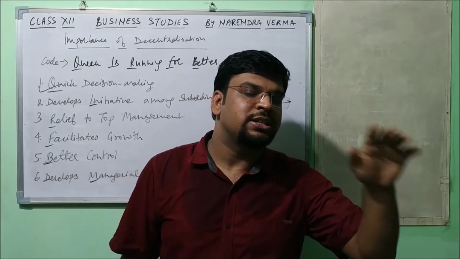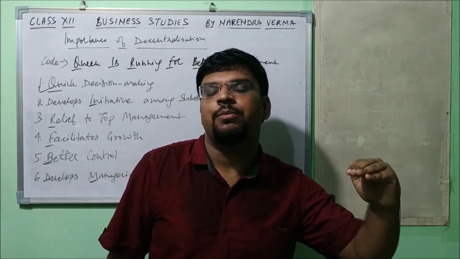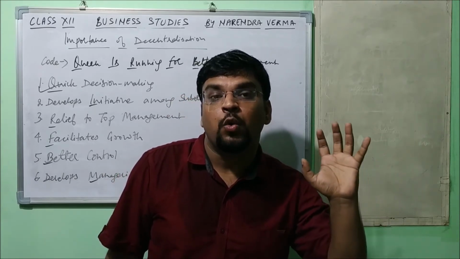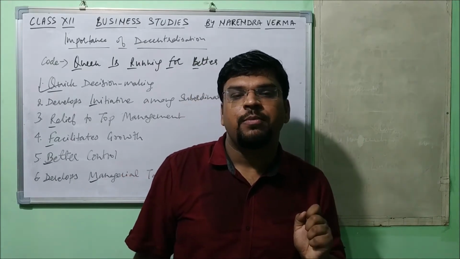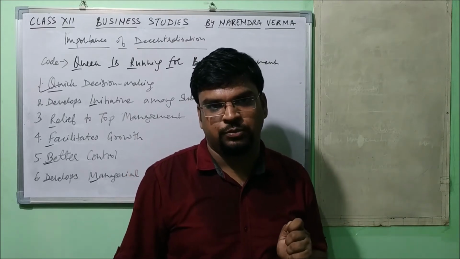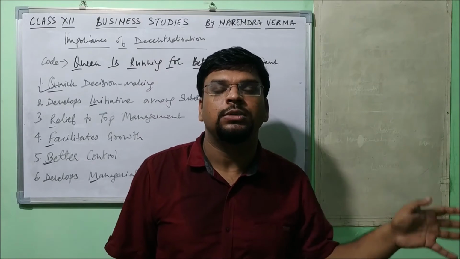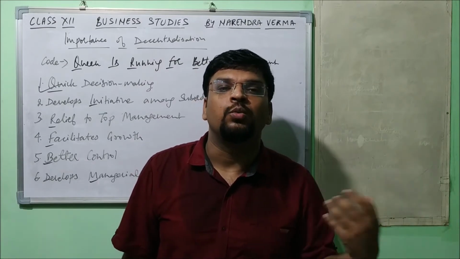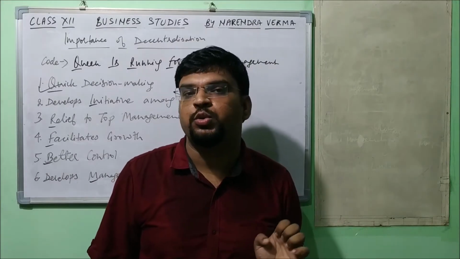In this organization, for all the decisions, lower level and middle level managements have to wait. Say, for example, the production manager has to take the decision of buying raw material. Earlier the supplier had some problem, now they have to decide from whom to buy. But he has no authority to decide.